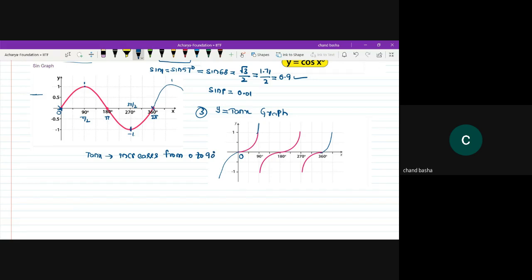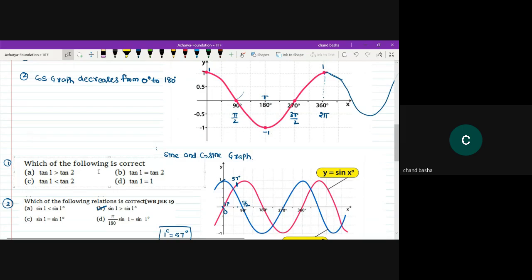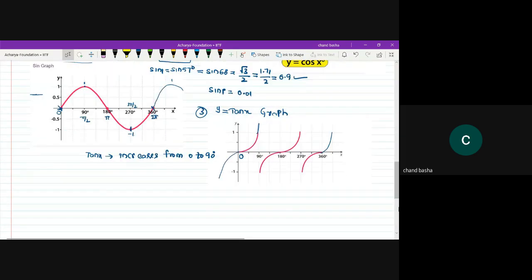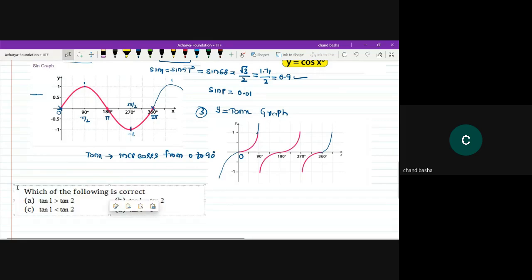Now I can go for the question which I have given to you, just by observation. And this is not so easy to discuss, this type of questions, guys. It is not so easy. Let's see what he is asking. What is the value and which is greater, tan 1 or tan 2? 1 radian means 57 degrees.